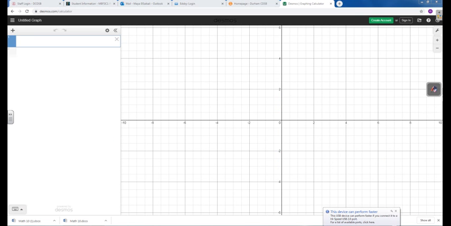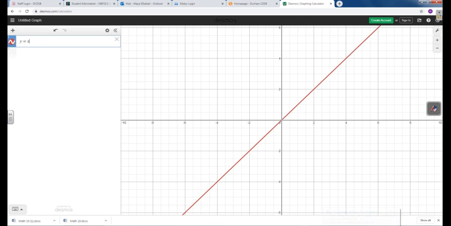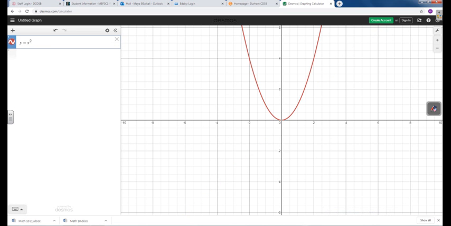That's why I'm going to keep y equals x squared on my function. Can you guys see this? Okay, so that's my original function, y equals x squared. Now I'm going to graph y equals 2x squared, and let's see how my graph is going to be changed.